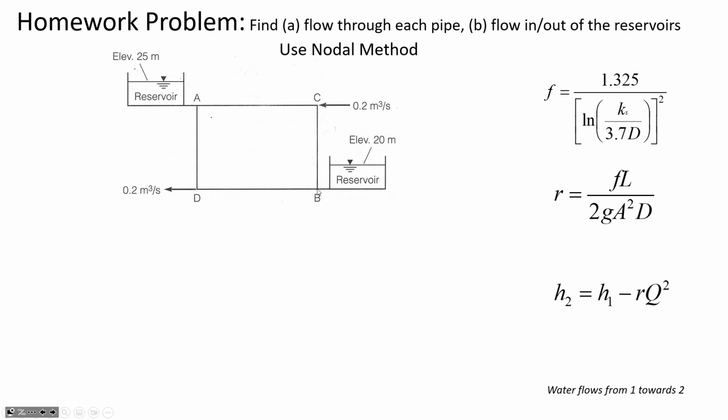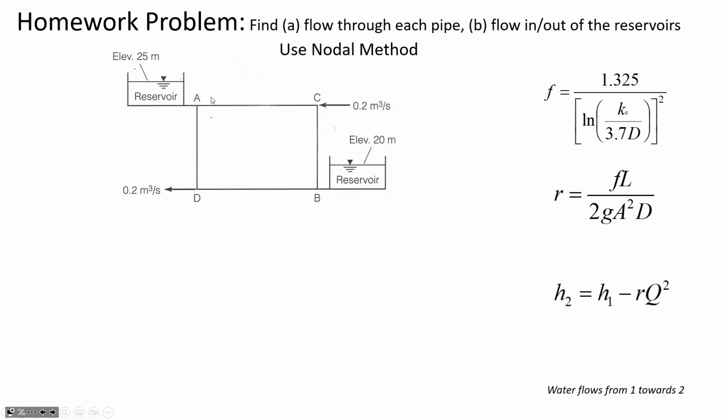So you know how much energy there is at A and B. What you don't know is the direction of flow, the quantity of flow, and the flow rate coming in and out of the reservoir. So we don't know how much is going through the pipe, and for that matter, we don't know if the water's going from A towards C or from C towards A.